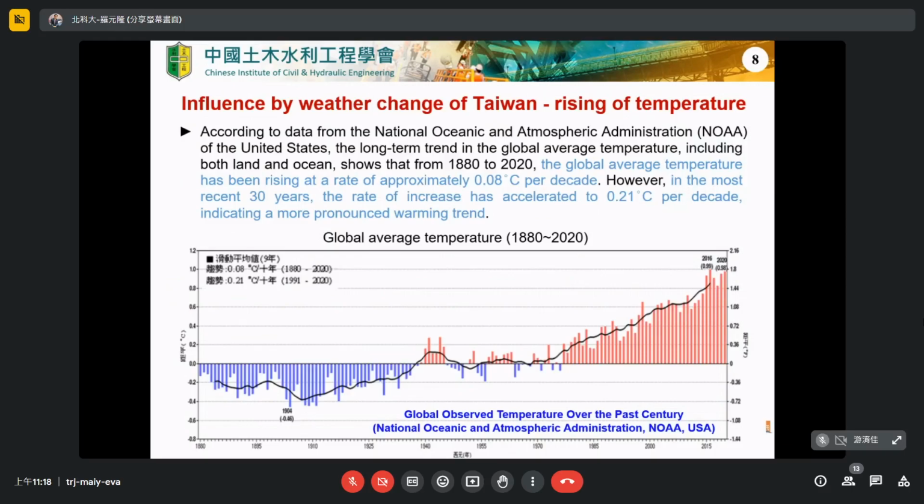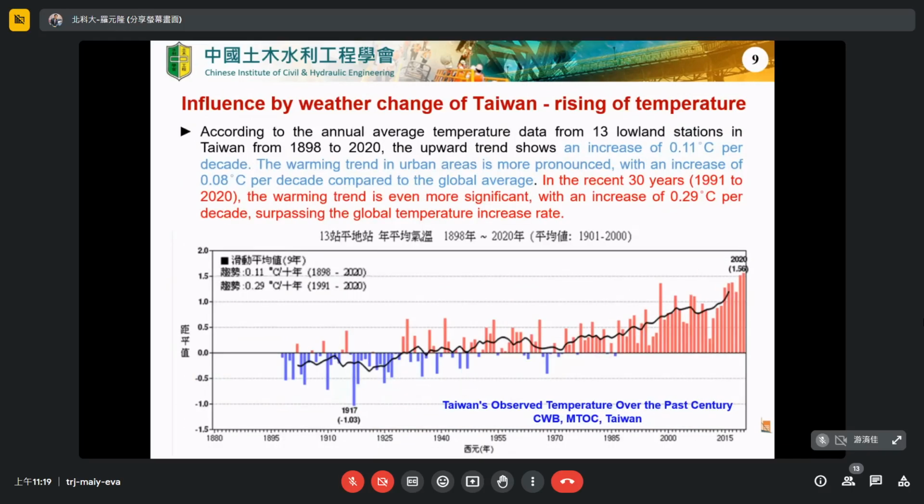This slide shows the weather change of Taiwan, the rising of temperature. This is the global average temperature; starting from about 1960, the increase of temperature becomes significant. In the most recent 30 years, the rate of increase has accelerated to 0.21 degrees Celsius per decade, indicating a more pronounced warming trend.